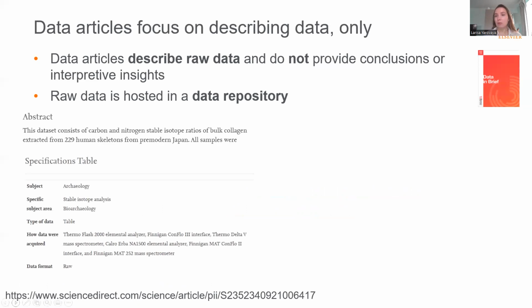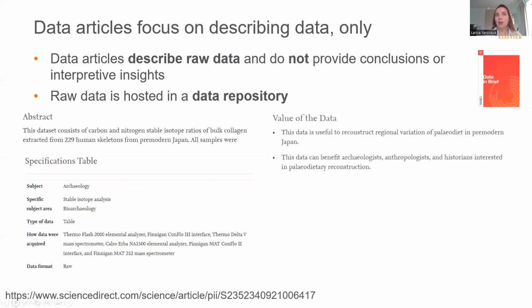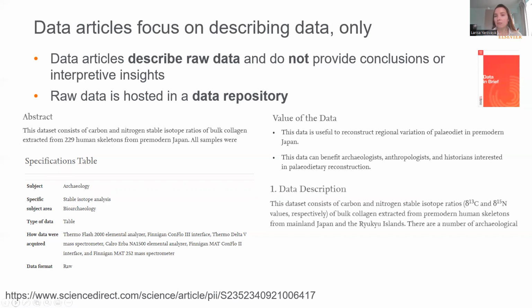After that, you need to provide information about the data, like the specific subject area, type of data, how data were acquired, and data format. Also, each data article should explain clearly the value of the data. And after the value of the data has been explained in several bullet points, for example, the main article should contain a description of the data.